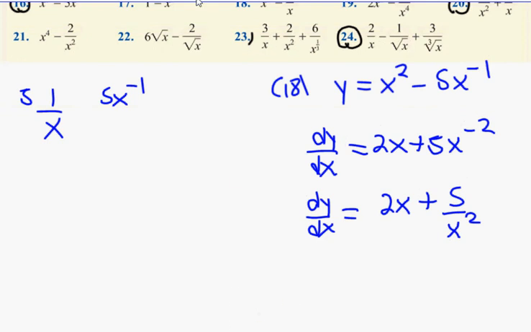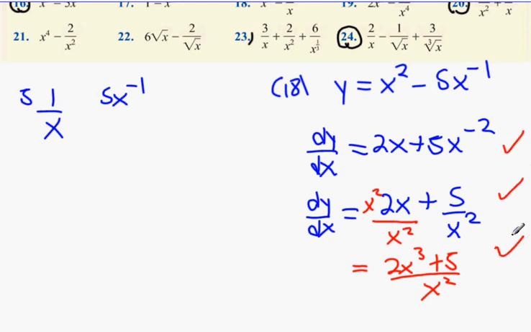So you put them both over x squared, and you'd end up with 2x cubed plus 5 all over x squared. The main thing is, all 3 answers are exactly the same. They just look different, but they're actually the same number. So you need to be able to rearrange and sometimes give 2 or 3 different answers, according to what the question wants.